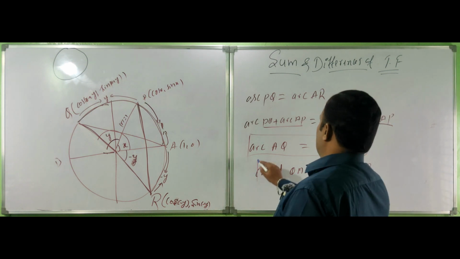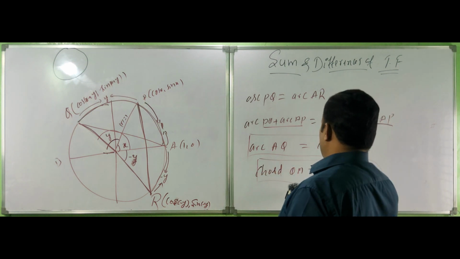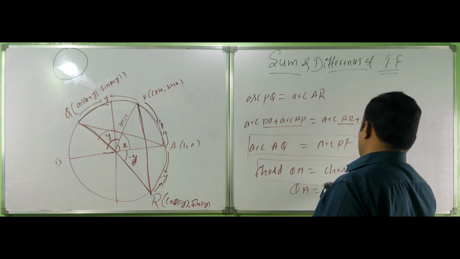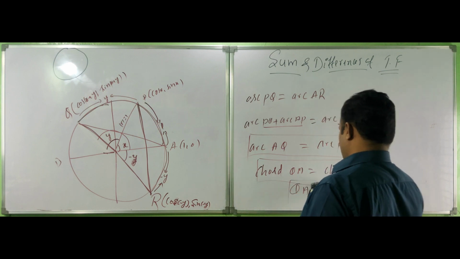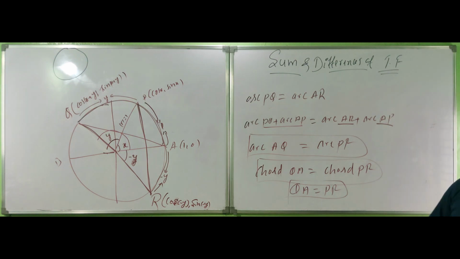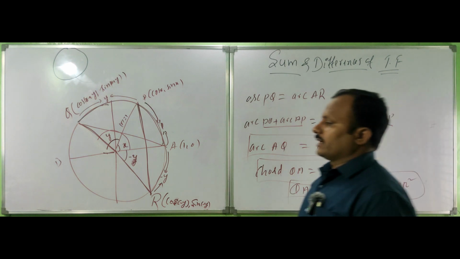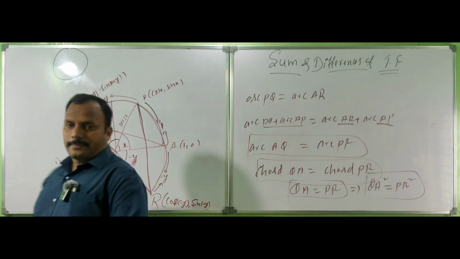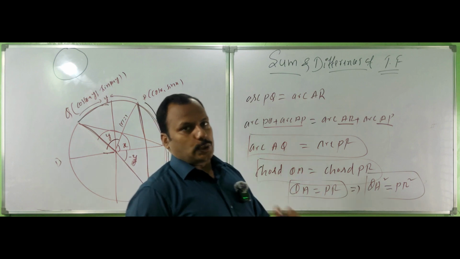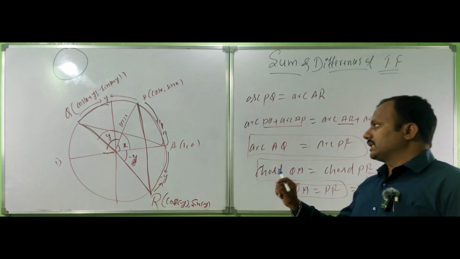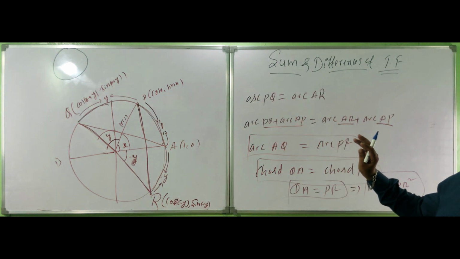So therefore QA is equal to PR. Just apply this formula: QA square is equal to PR square. Apply the distance formula, then you will get the result by doing some mathematical operation. The crucial point is similar curves, similar chords.